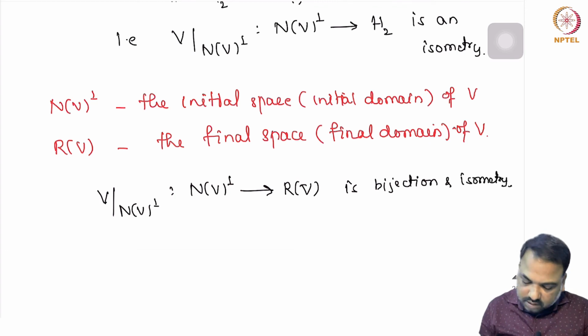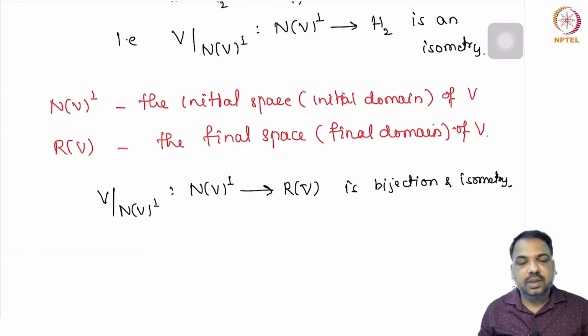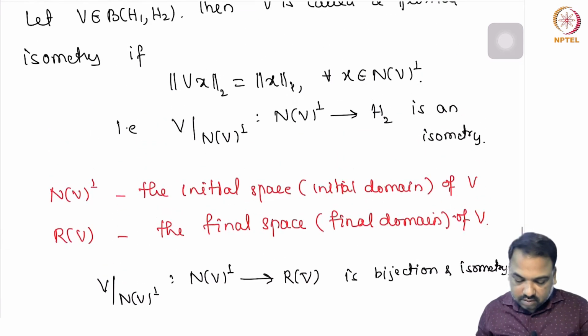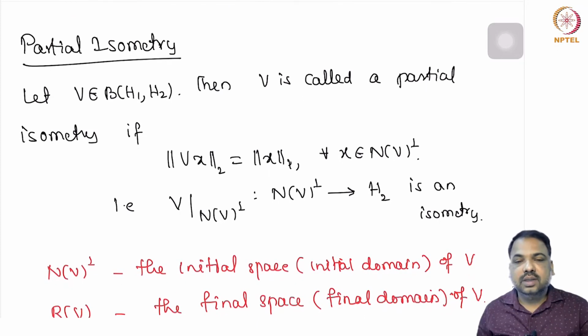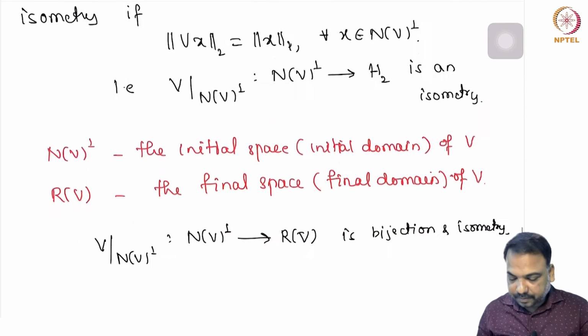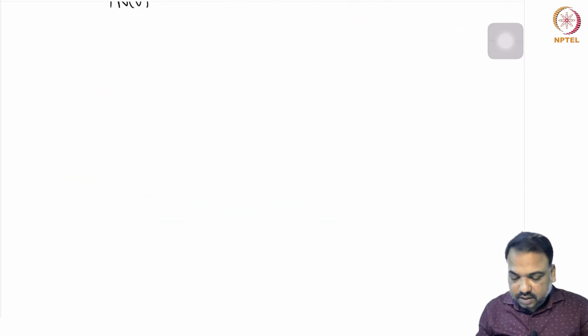So this is a unitary map between two different Hilbert spaces. Okay, so the meaning of partial isometry is nothing but restricted to a subspace, it is an isometry. So for that reason it is called a partial isometry. Okay, so let us see a few examples.